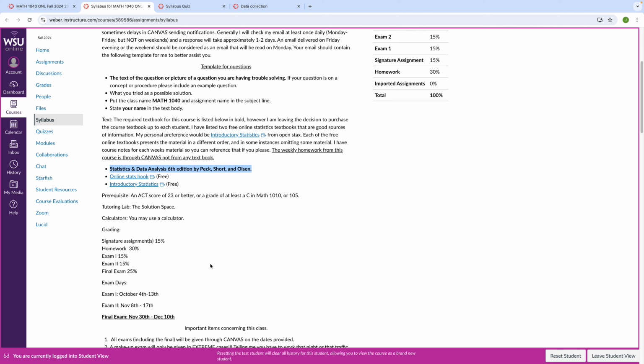I also provide some additional free textbooks that are online, and I find that most students have found these resources to be sufficient. However, the decision's up to you. What's required by the math department is the textbook that I showed you. However, if you find that your learning is sufficient from the lectures and the slides, that's perfectly fine with me. It is your decision. Okay.